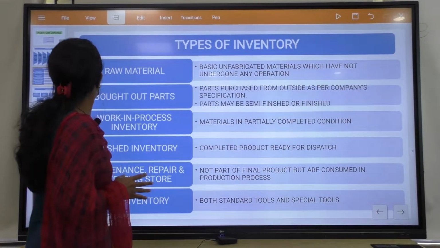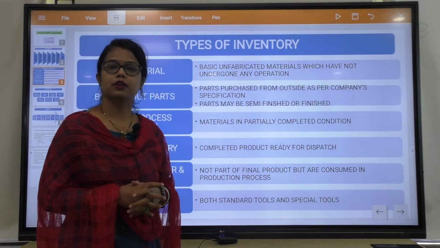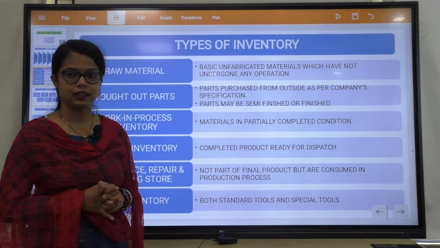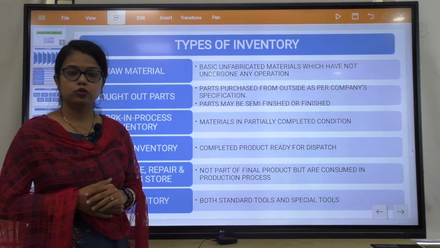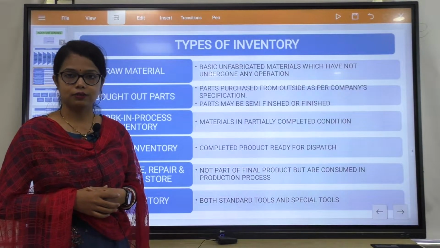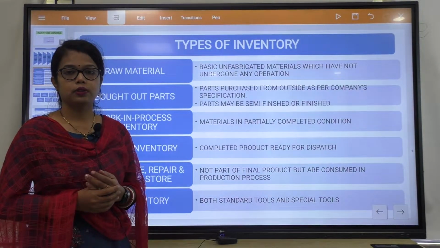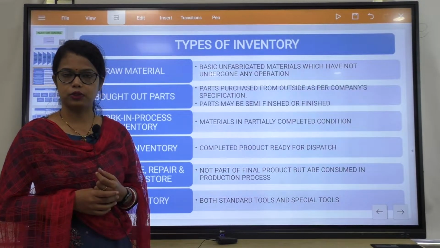So here we will study the types of inventory, that is the first point of our content, classification of inventory. But before going to classification of inventory, we all should understand what is inventory. Actually, what do you understand by listening to the term inventory?